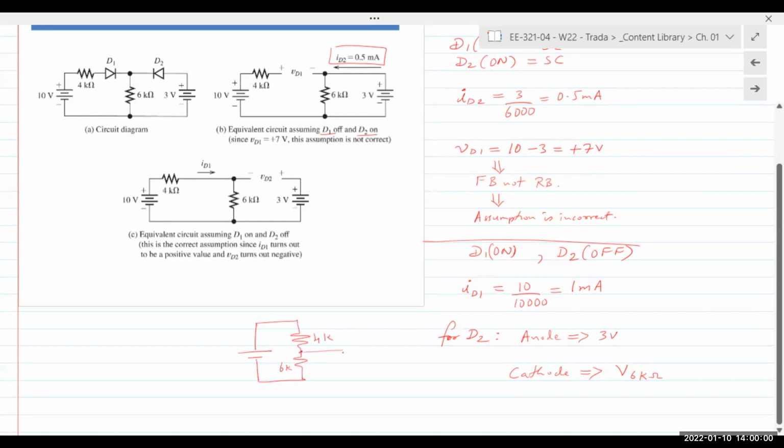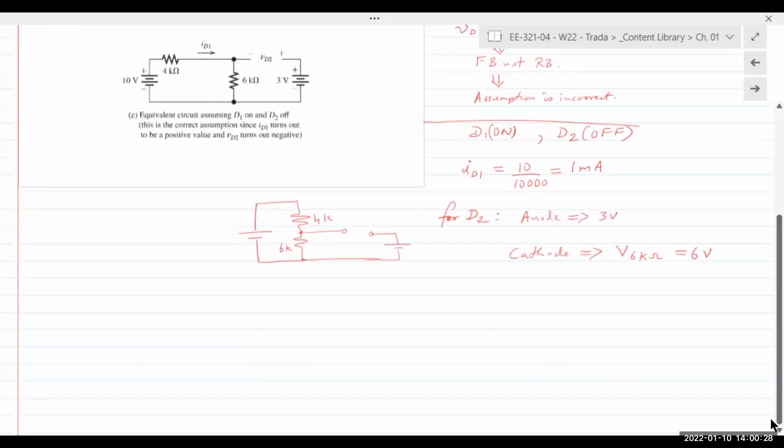And that point is the cathode. And diode is here. Just drawing the circuit a little bit differently. So because this is an open circuit, may as well not be connected in the circuit. 4 and 6 are in series. 10 kilo ohm resistor, 10 volts divided across 10K. You got 4 volts and 6 volts. And so this becomes 6 volts.